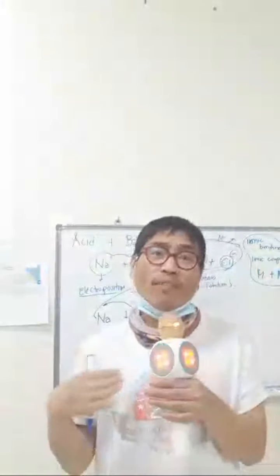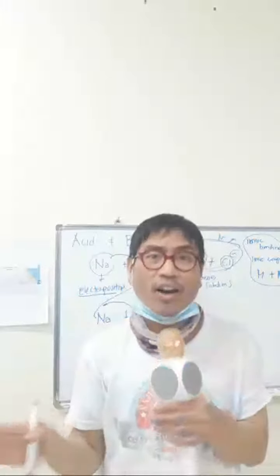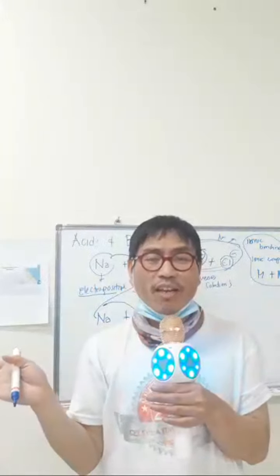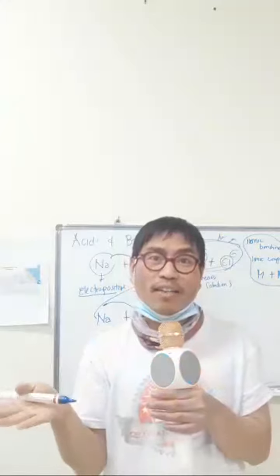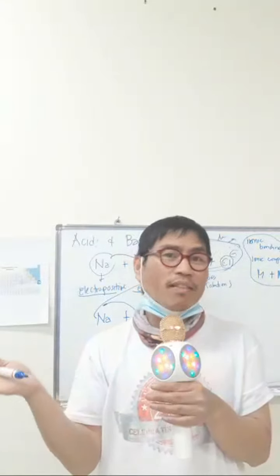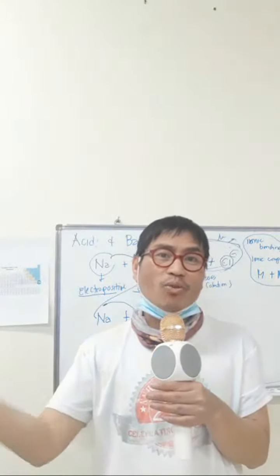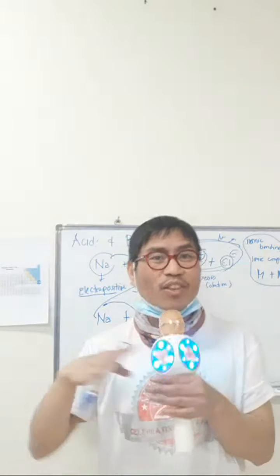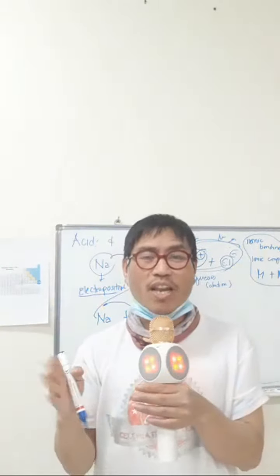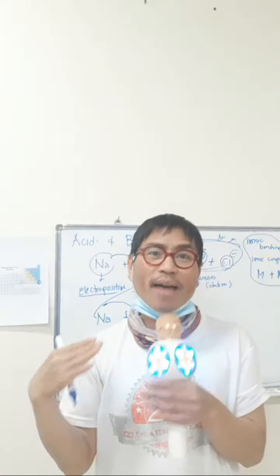Okay, so we can say that OFWs are like an ionic compound because we are only transferring money to our family, but our family will never transfer money back to us. If we try to compare this in chemistry, we are an ionic compound.